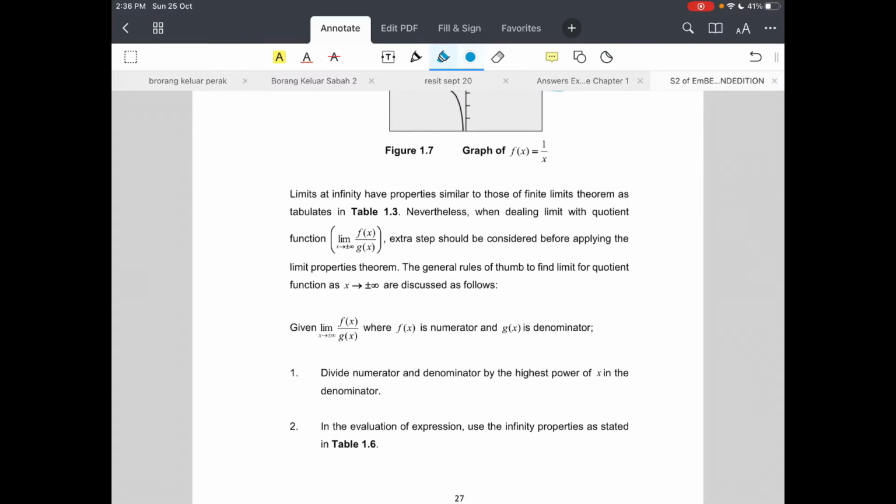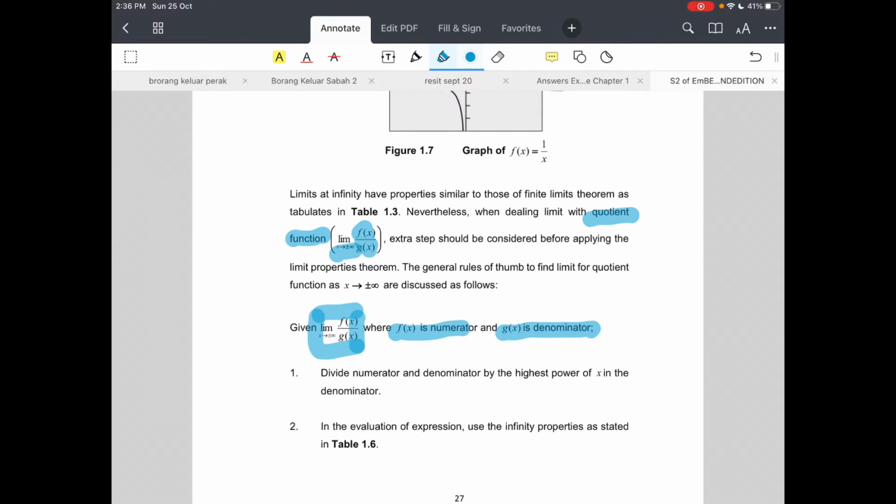Now there is a special case when limits involving infinity deal with a quotient or fraction function, f(x) over g(x) as x approaches infinity. f(x) is the numerator and g(x) is the denominator.